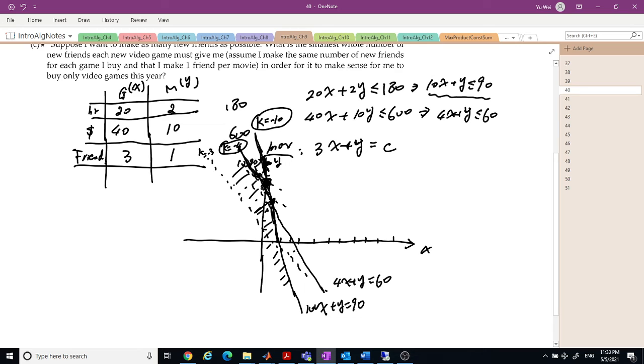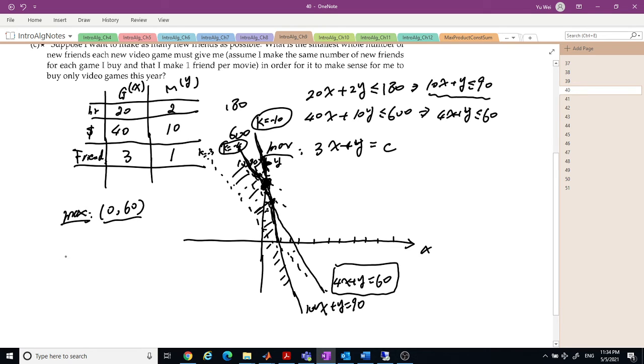This point is basically the intercept of 4x plus y equals 60. So now we can see the max should pass through the point 0 and 60.